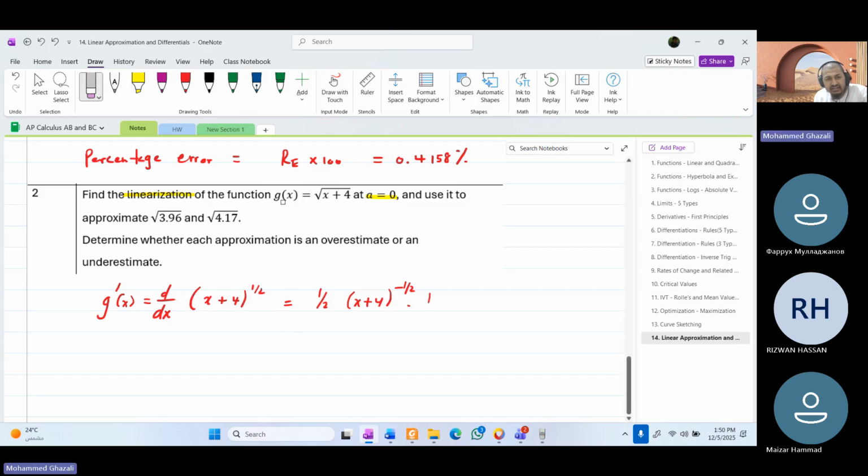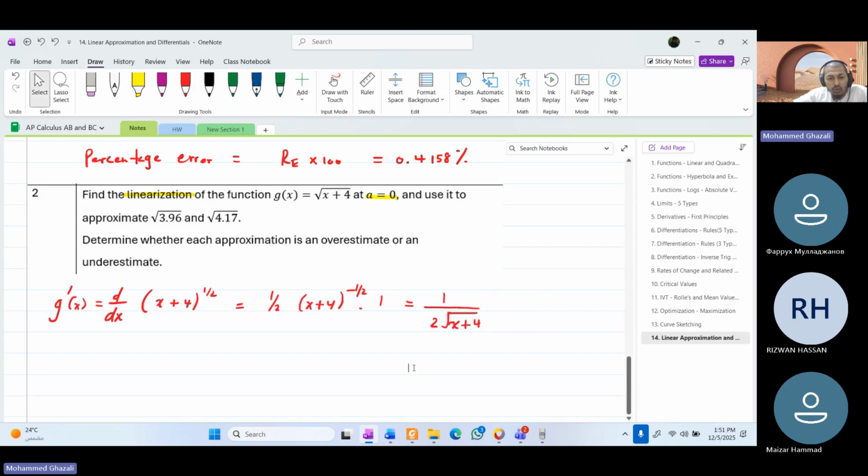So if I simplify this, I get 1 over 2 root x plus 4. Okay, guys, that's what we have as g prime of x. Now they told us a is equal to 0, so we will find g prime of 0. Right, so g prime of 0 is 1 over 2 times 2, so a quarter.